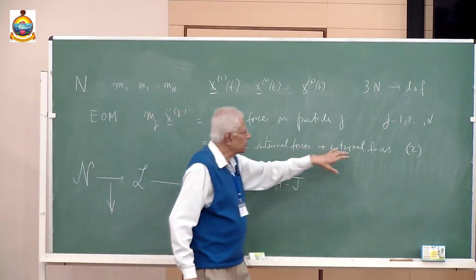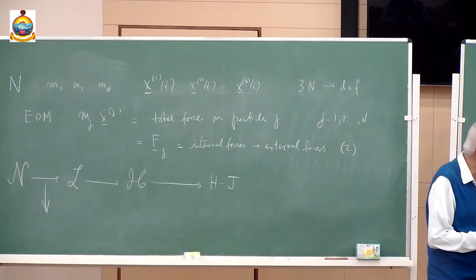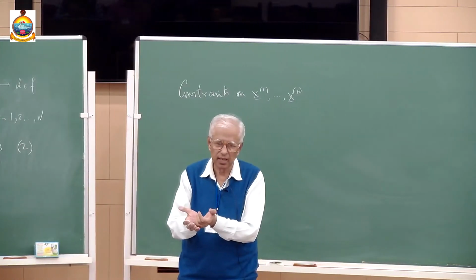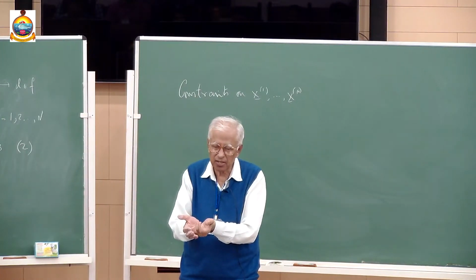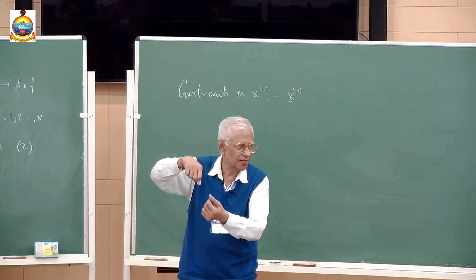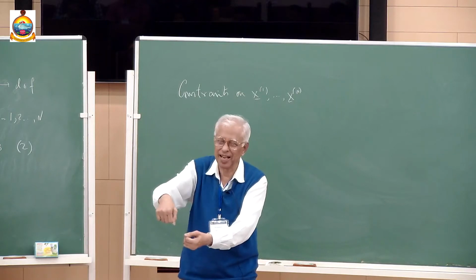That's easy to understand physically. For example, if the constraint was that one particle moves on the surface of a sphere, the constraint force would be acting radially, pushing the particle to always stay on the sphere.